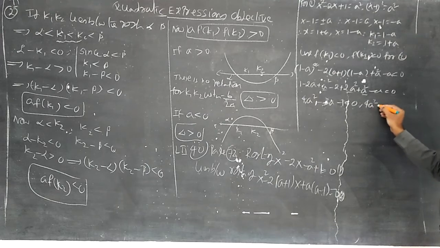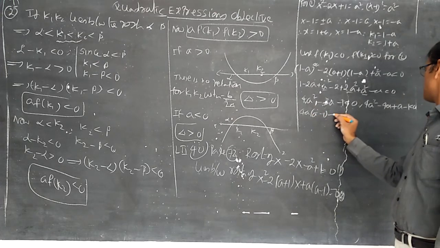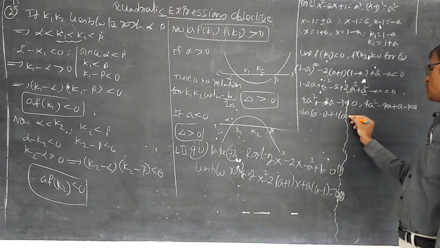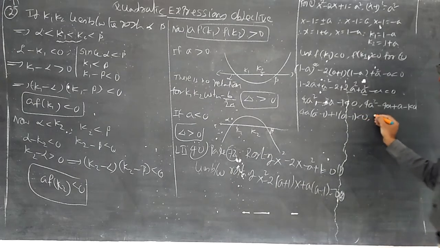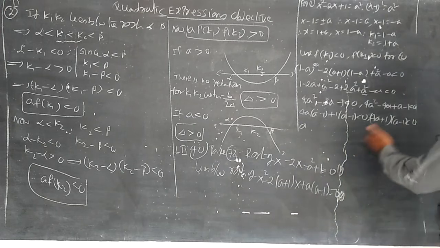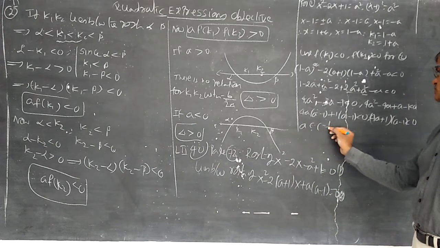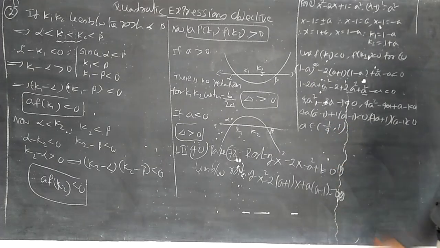By splitting the middle term, we can write 4a square minus 4a plus a minus 1 less than 0. 4a taken common, it becomes a minus 1, plus 1 taken common, it becomes a minus 1 less than 0. You can write this as 4a plus 1 into a minus 1 less than 0. So according to the x minus alpha and x minus beta concept, you write a belongs to minus 1 by 4 comma 1.